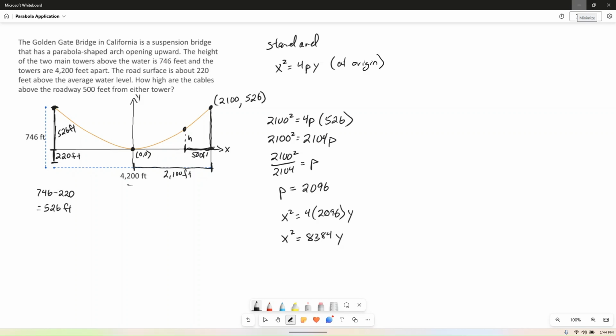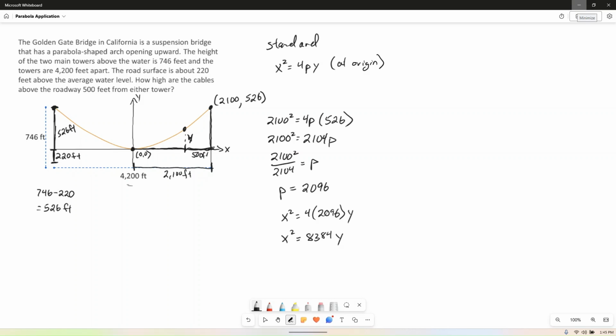Well, the height is really just the y coordinate. So I want to know what is the y coordinate for that point on the curve. If that's the y coordinate, what's the x coordinate? The x coordinate is not 500 because the 500 is the distance from the tower. X coordinates are distance from the origin.